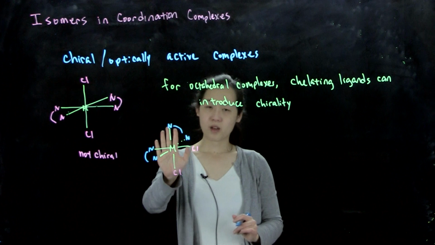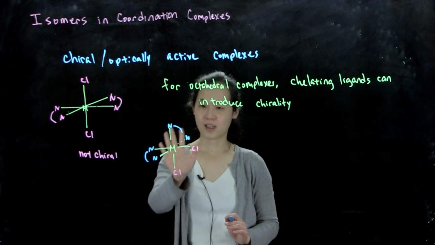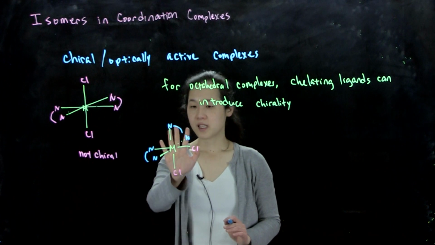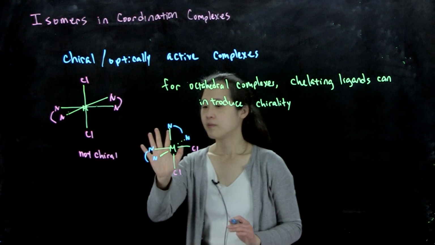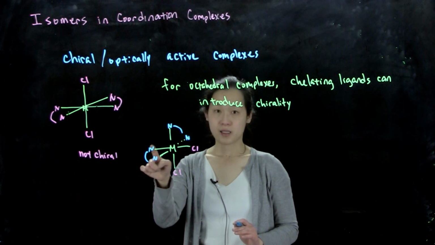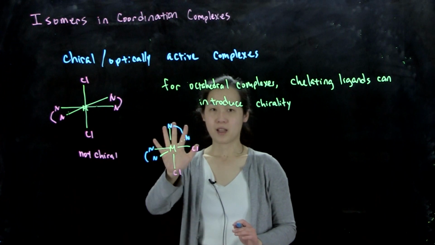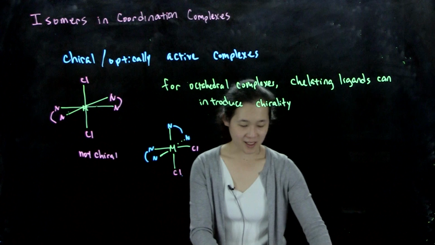If we do the mirror plane in the plane of the board, so the chlorides mirror onto themselves, this nitrogen will mirror onto this one, but this nitrogen will stay on itself. So we end up with a different isomer. Let me illustrate that because I guess that was confusing.